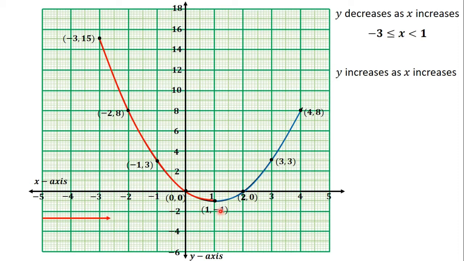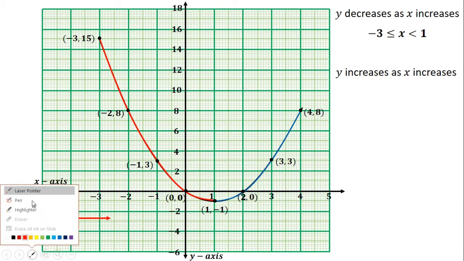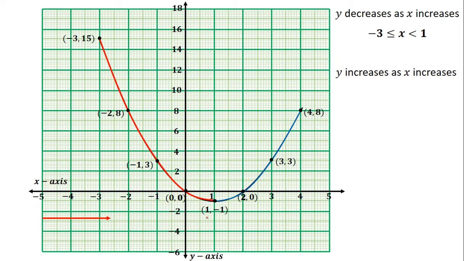We can also find the range of x values for the second part of the curve. As we have clearly seen, it starts from the turning point, and the x-coordinate at the turning point is 1. And it ends at this point. The x-coordinate here is 4. So for x values that will give you the second part of the curve, they are between the x-coordinate at the turning point, which is 1, and the x-coordinate at the last point, which is 4.